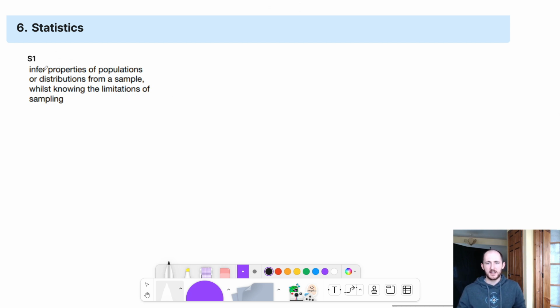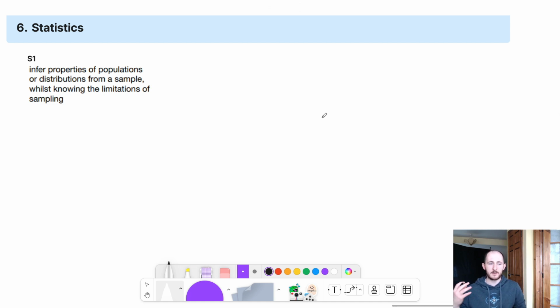So S1, the first thing you need to be able to do is infer properties of populations or distributions from a sample, whilst knowing the limitations of sampling. So I'm going to go through what the limitations are. I can't really give you a good example of the properties because it's so different every single time, right? But the limitation is always that the sample may not be representative of the overall population.